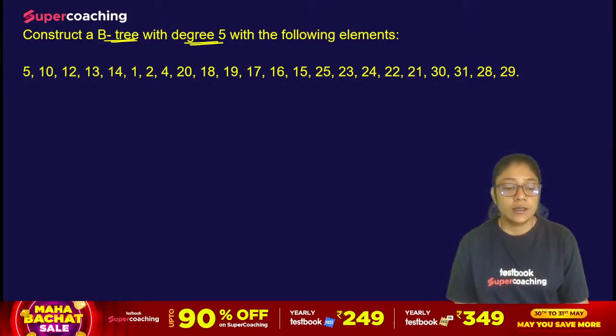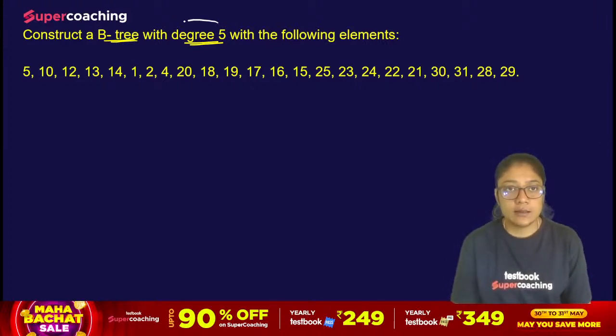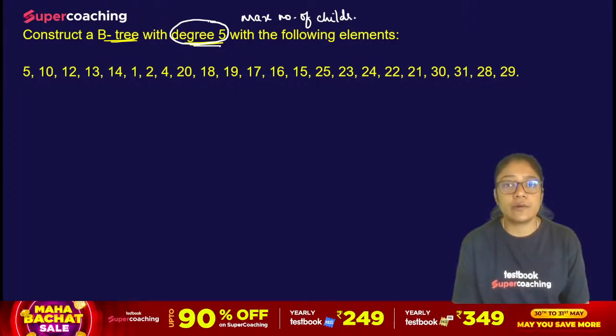Quickly. What is the meaning of the degree of a tree being 5? Maximum of 5 children. Very good. So this means that the maximum number of children, or maximum block pointers, is 5.